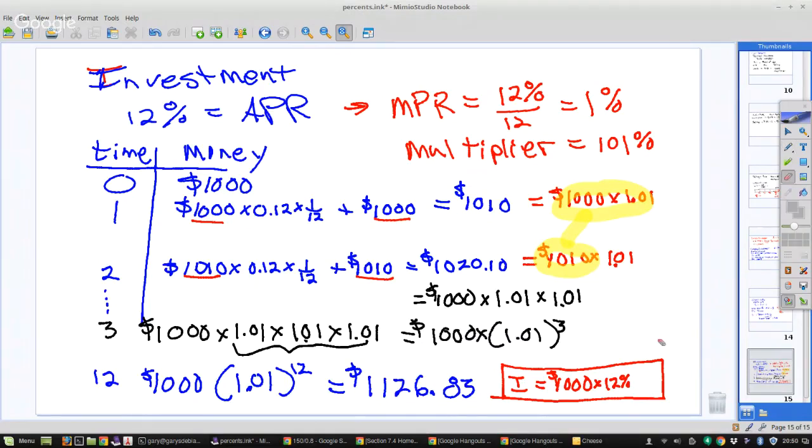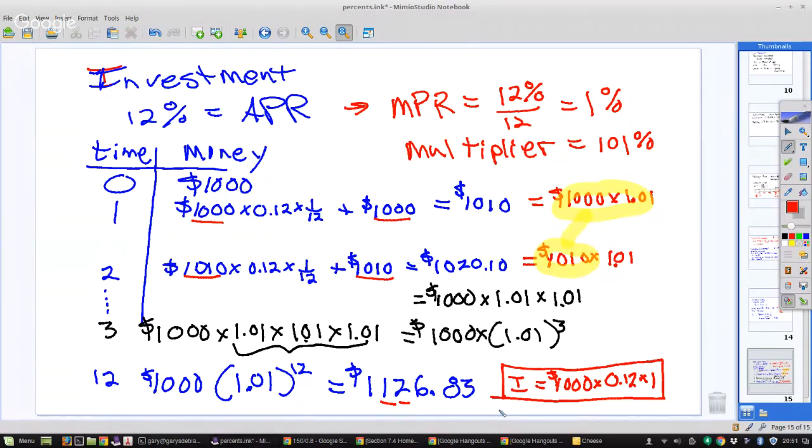So let's write that as a decimal. Although many calculators do allow the percent symbol these days, it's quite nice. Times 1 year. Now, 12% of 100 would be 12, so 12% of 1,000 would be 120. So by collecting interest each month instead of just at the end of the year, I'm $6.83 better off.